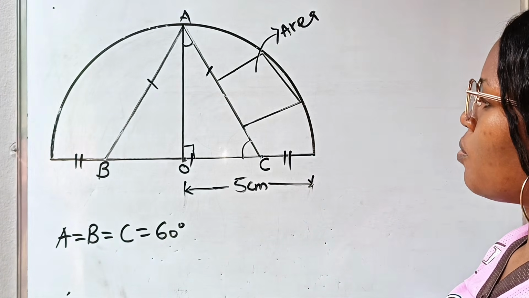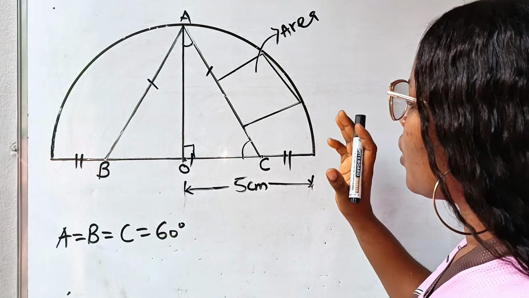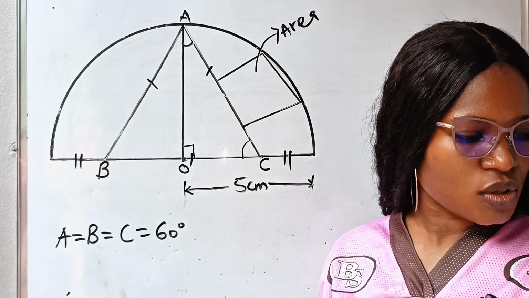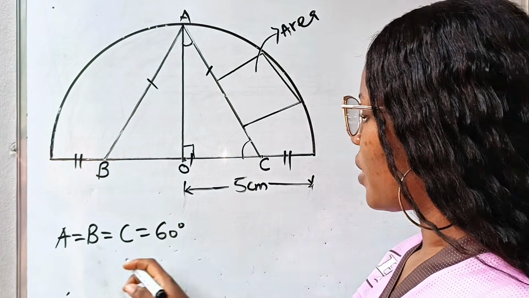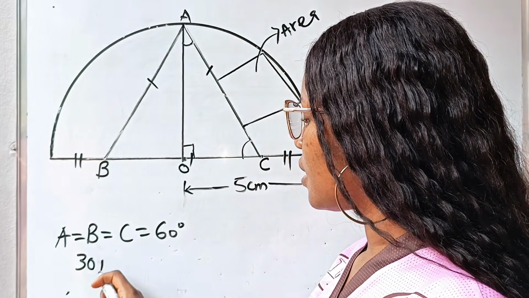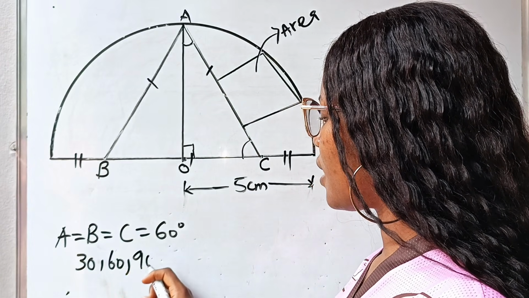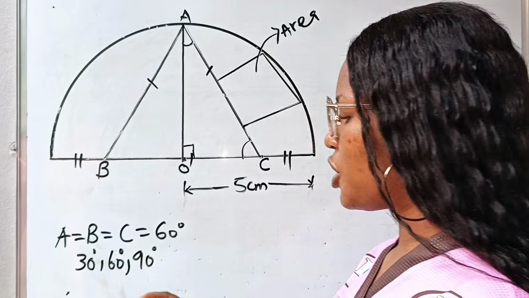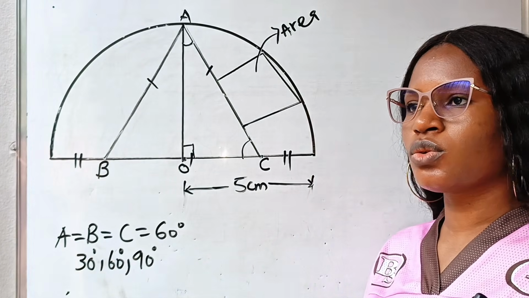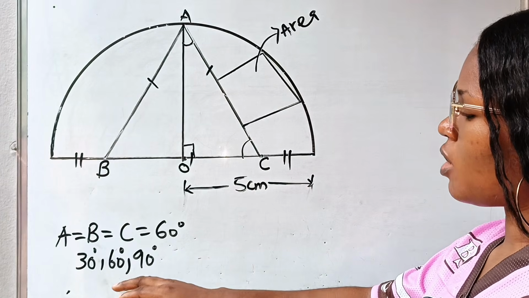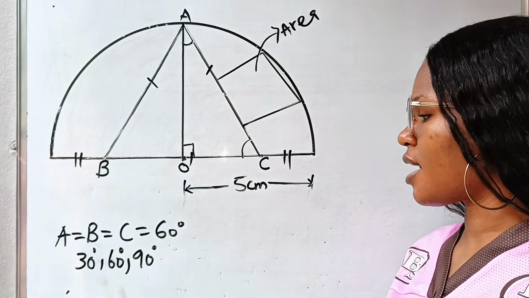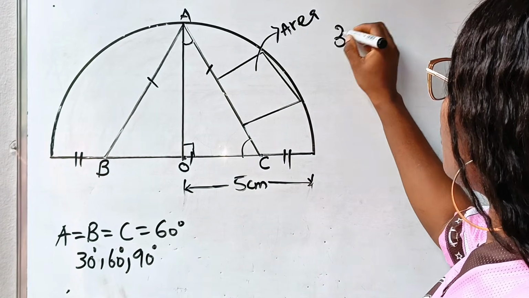But looking at this, that means what we have is a special triangle, triangle 30, 60, 90, okay, which has a special ratio of the sides.